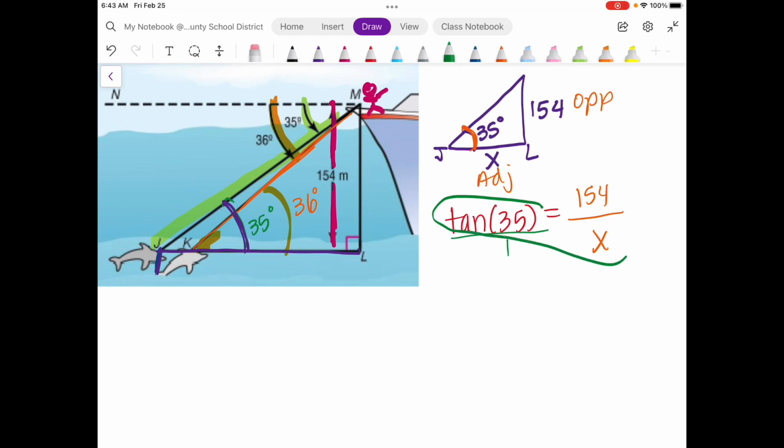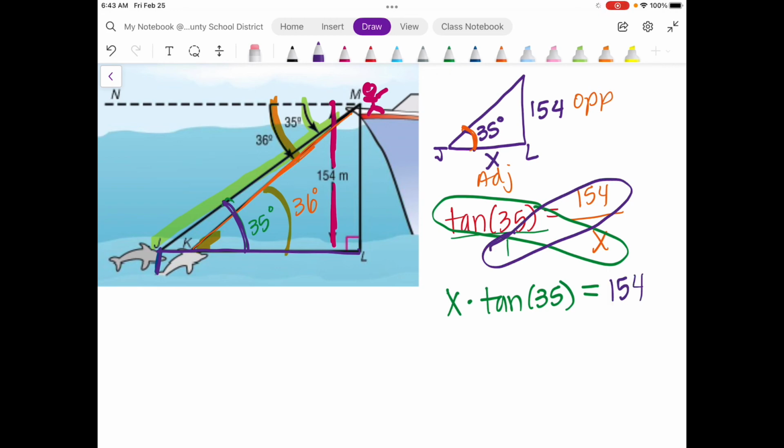Start with your cross multiplication. I end up with x times tangent of 35. And again, it doesn't matter if you ended up putting the tangent first and then the x. And then 1 times 154 is just 154. To solve for x, we do the opposite of multiplication, which means we are going to divide both sides by tangent 35.